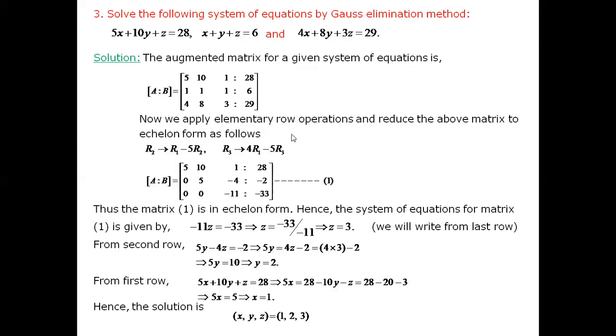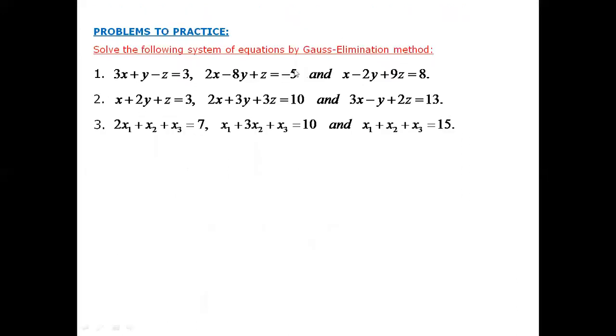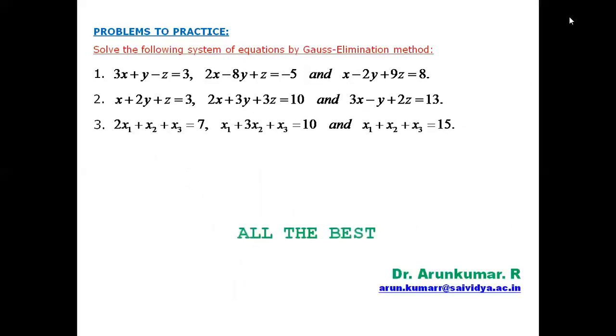By practicing these problems, you can solve the 3 more problems given here, 1, 2, and 3. These 3 problems, you try using the Gauss elimination procedure. All the best. Thank you very much.